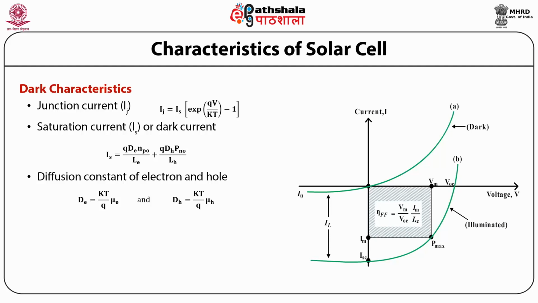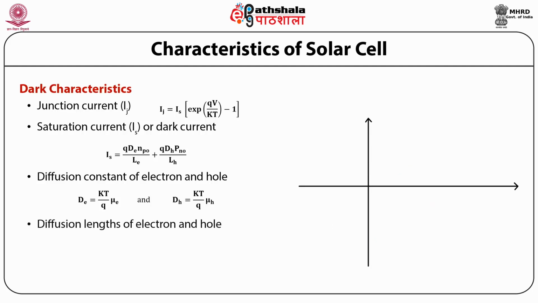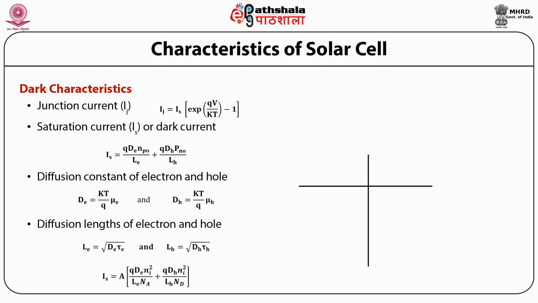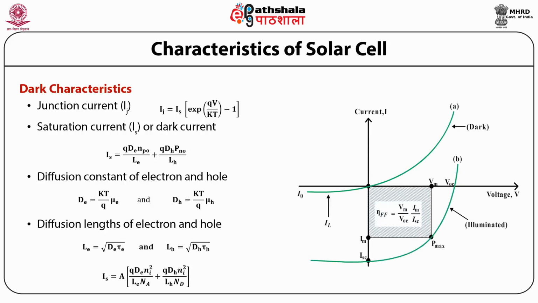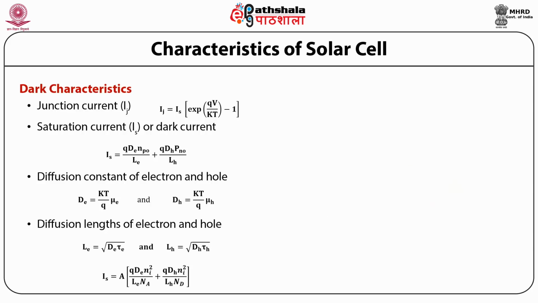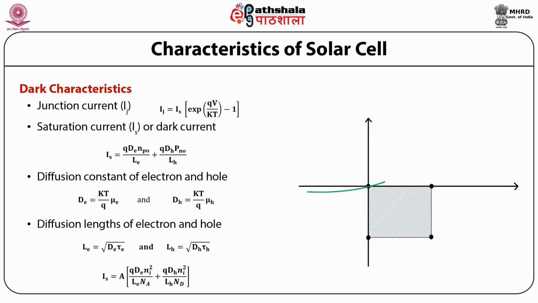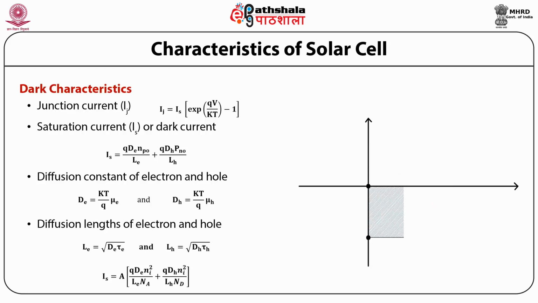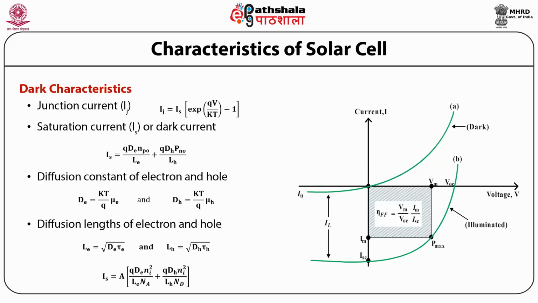So the expression for the diffusion lengths of electrons and holes can be written as Le is equal to root of De tau e and Lh is equal to root of Dh tau h, where tau e and tau h are the lifetimes of electrons and holes as the minority carriers.